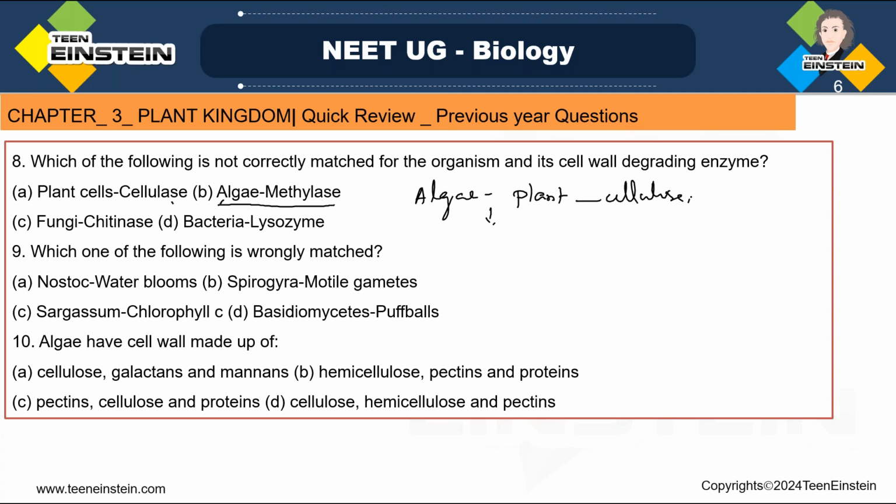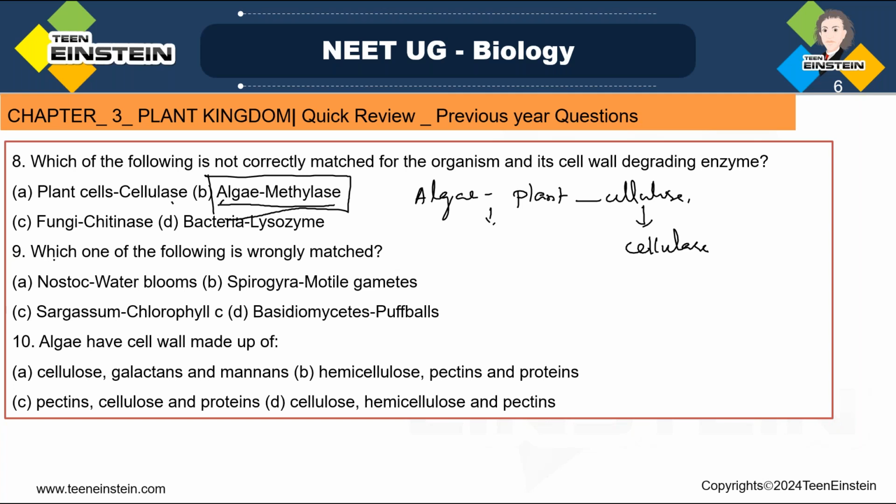So the enzyme needed to degrade the cellulose is the cellulase enzyme. So this is the wrong match. Instead of methylase, a cell wall degrading enzyme like cellulase is required, right?